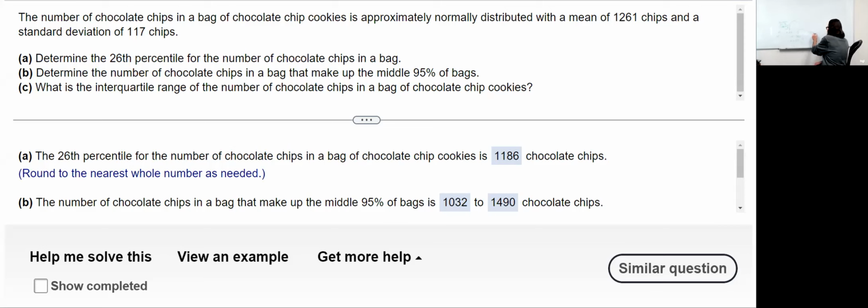Z equals X minus mu, X is unknown, but Z is known, all over sigma of 117. So multiplying 0.84 by 117. Adding 1261.